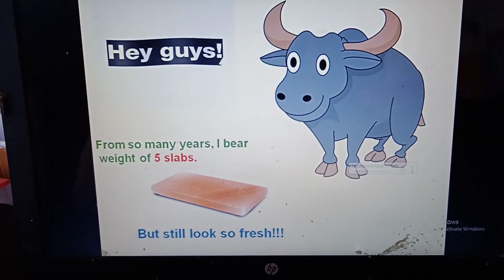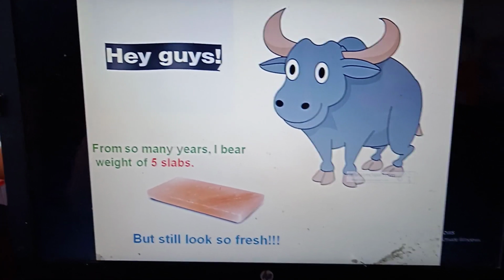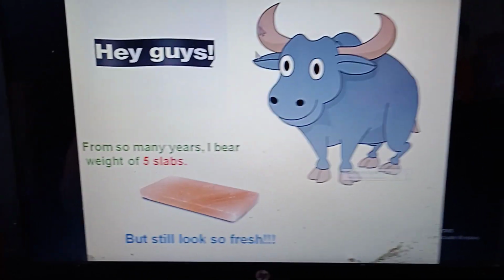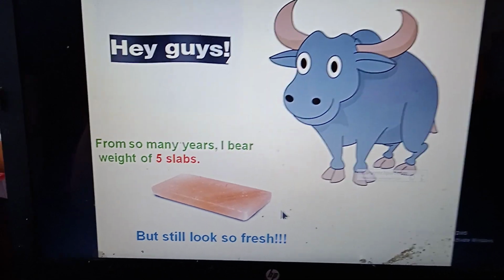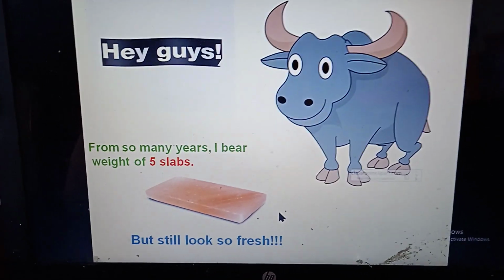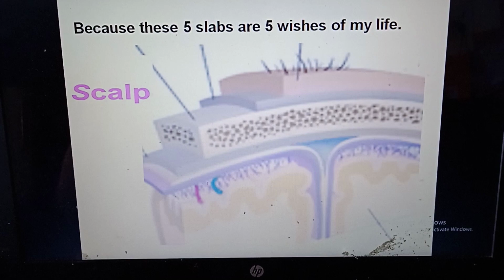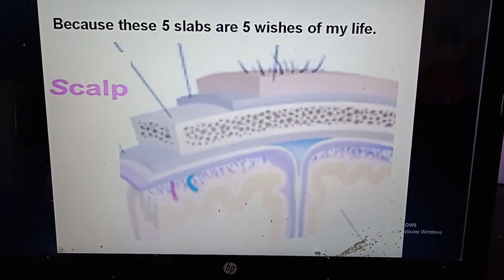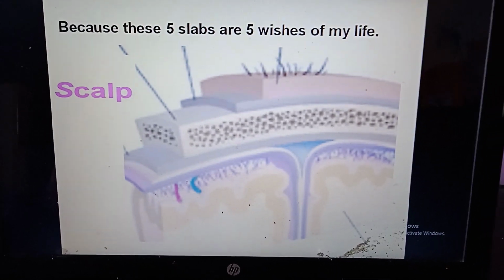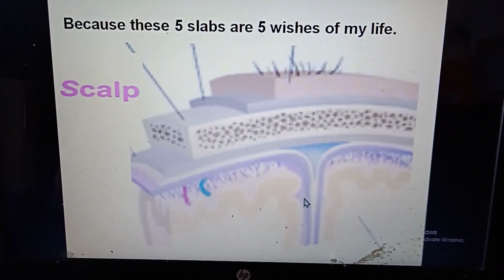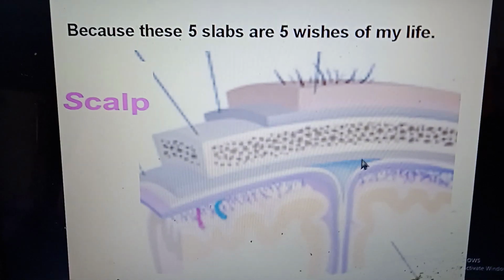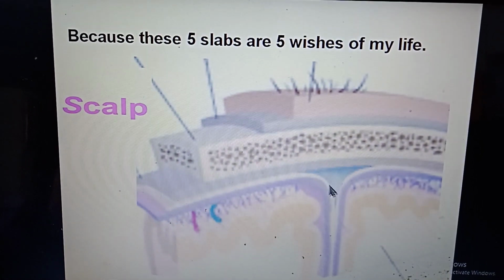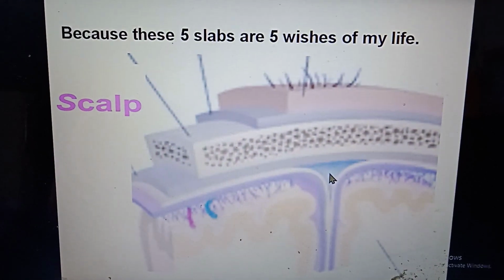Hey guys, from so many years I bear weight of 5 slabs. This is slab, but still looks so fresh, because these 5 slabs are my 5 wishes of my life. It just symbolizes that. Just look at here, this blue one, this is the superior sagittal sinus.